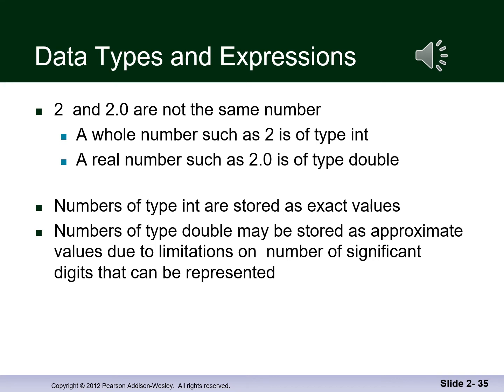You understand that 1/3 in decimal actually goes 0.33333 almost to infinity. So at some point in time there's going to be an approximation. A whole number such as 2 is stored as an int. 2.0 has to be stored as a type double because it has a fractional component.